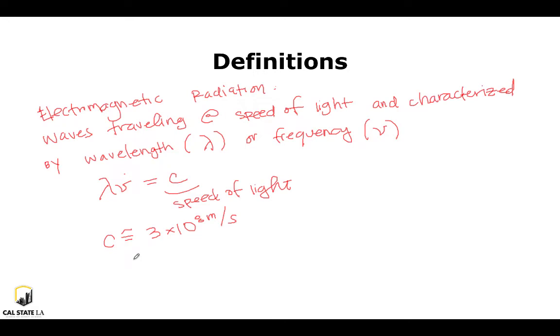Now wavelength, lambda, has units in meters generally, and frequency has units in hertz, which are 1/second. So we basically see a wave so many times per second, and that wave is a certain amount of meters long. We have a wide spectrum of wavelengths varying from short to long.